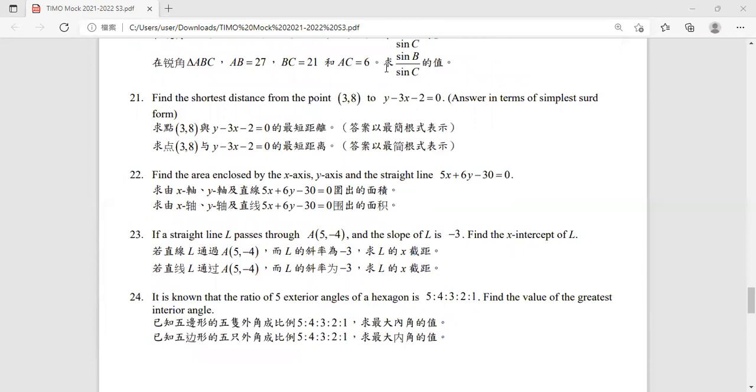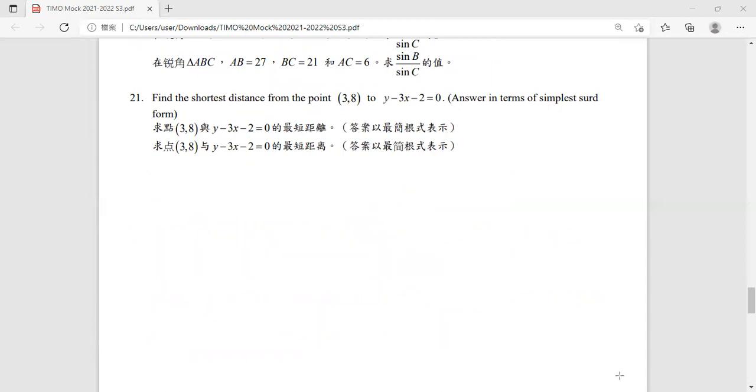Now, for this one, actually we have a formula.